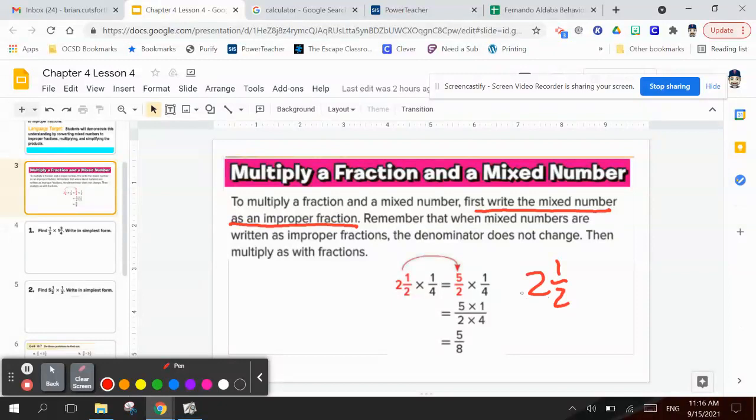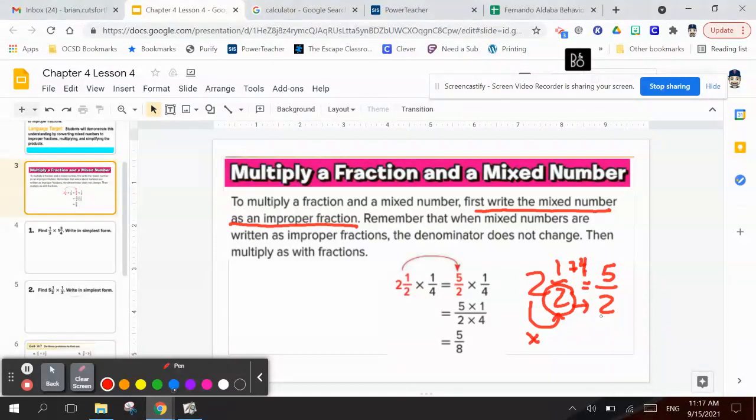In 2 1/2, we take our whole number, 2, and we multiply that by our denominator. So 2 times 2 is 4, and I add that to my numerator. So 4 plus 1 is 5.